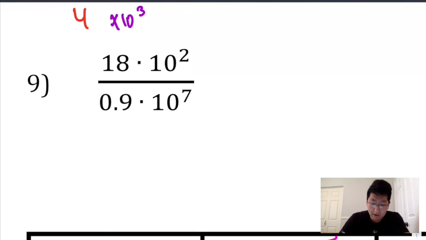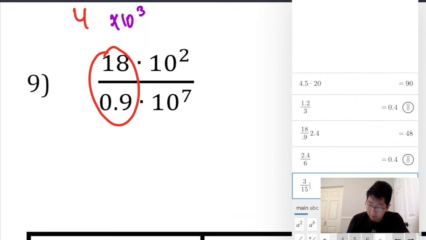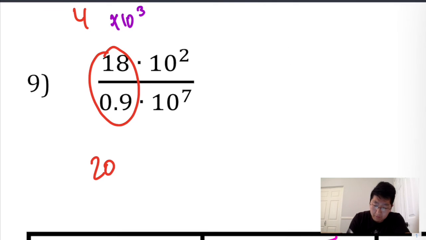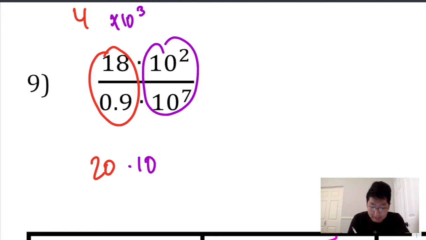Divide the regular numbers. 18 divided by 0.9 is 20. So this is going to be 20. Then 2 minus 7 is going to be times 10 to the 2 minus 7 equals negative 5. So the negative 5th.